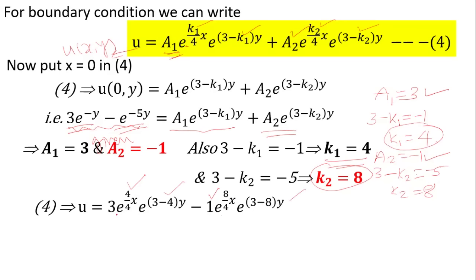So it would be equal to 3 e to the power 4x e to the power minus y minus e to the power 8x e to the power minus 5y.